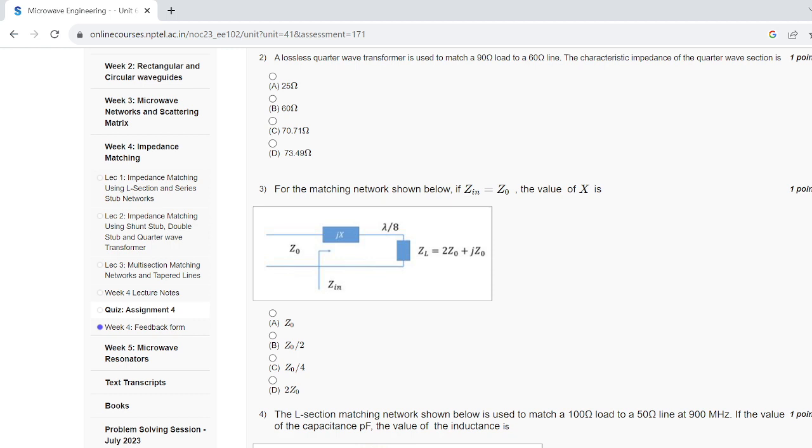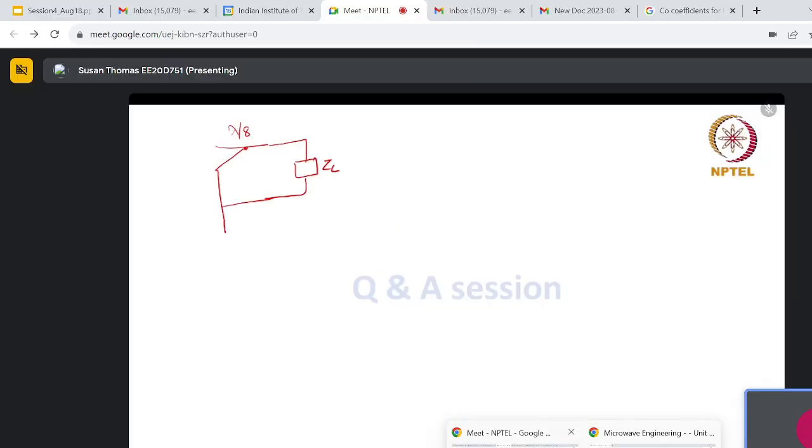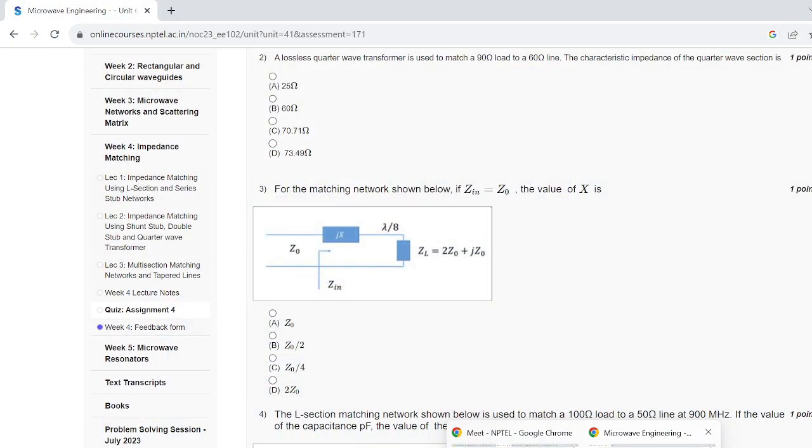Okay, please. We are not supposed to discuss assignment questions. So, what is your doubt? Ma'am, I think I will use the general equation of input impedance, Zin equal to Z0 times (ZL plus jZ0 tan beta L) over (Z0 plus jZL tan beta L). Okay. So try to understand the question.